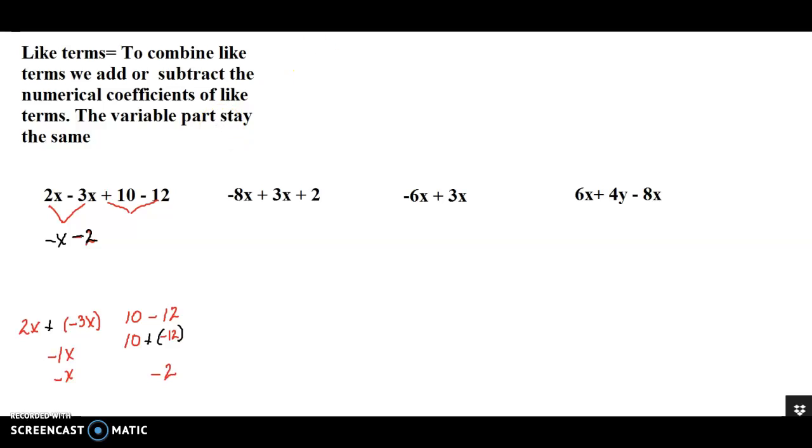So let's go to the next problem. We're going to combine these like terms. And we got a negative 8x plus 3x, which gives you a negative 5x.